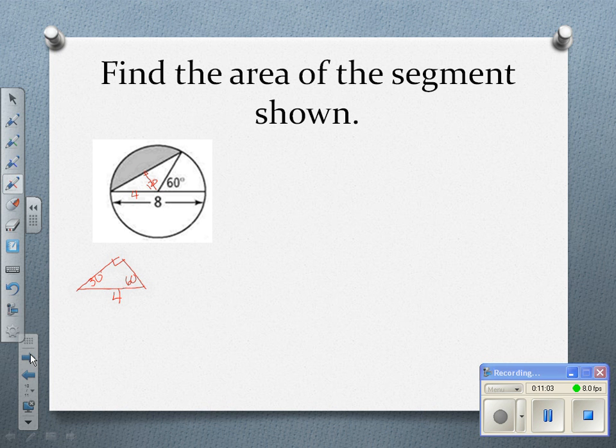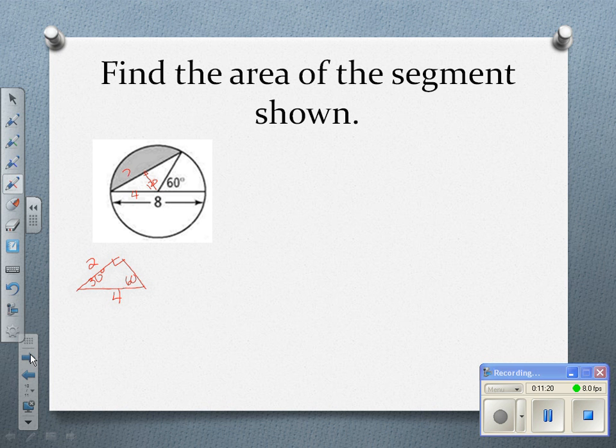And actually, we don't have to use trig because I have a special right triangle. So we know that in a special right triangle, the hypotenuse is twice the shorter side. So if my hypotenuse is 4, then this is going to be 2.